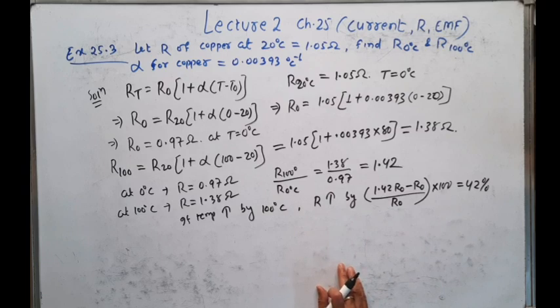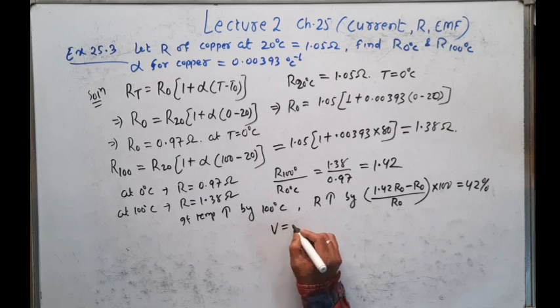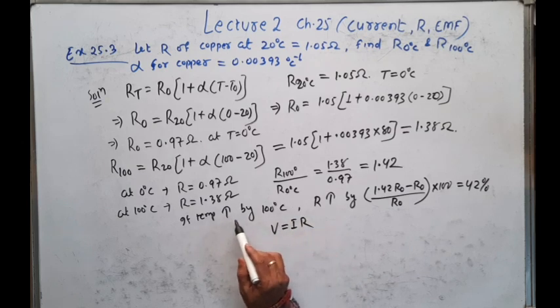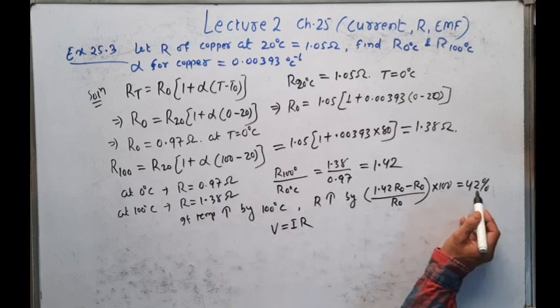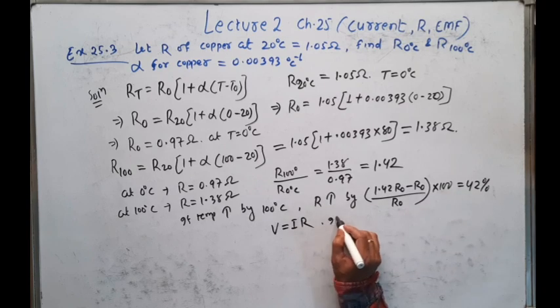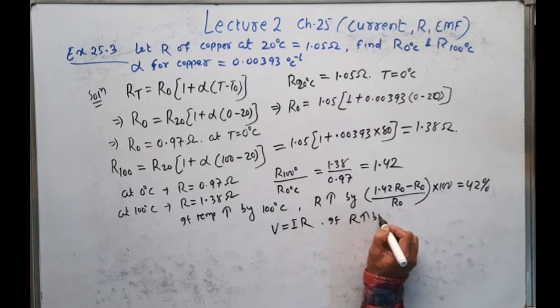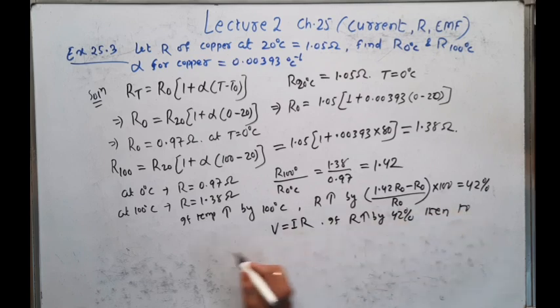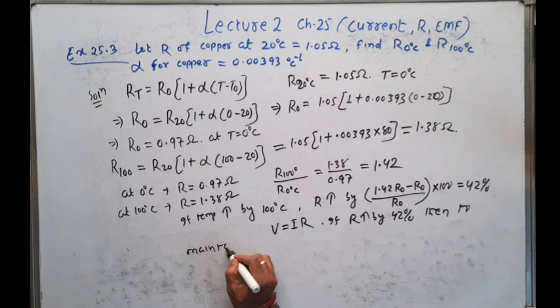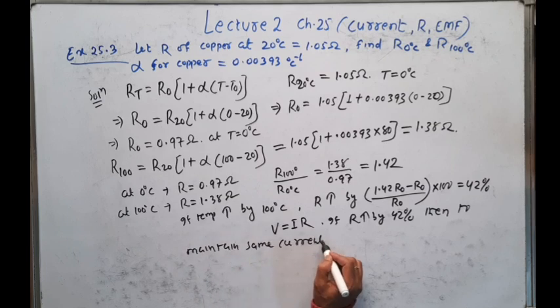for a design engineer. Okay, that means what is Ohm's law? Ohm's law says V is equal to IR. You see, if temperature increases by 100 degrees, resistance increases by 42%.